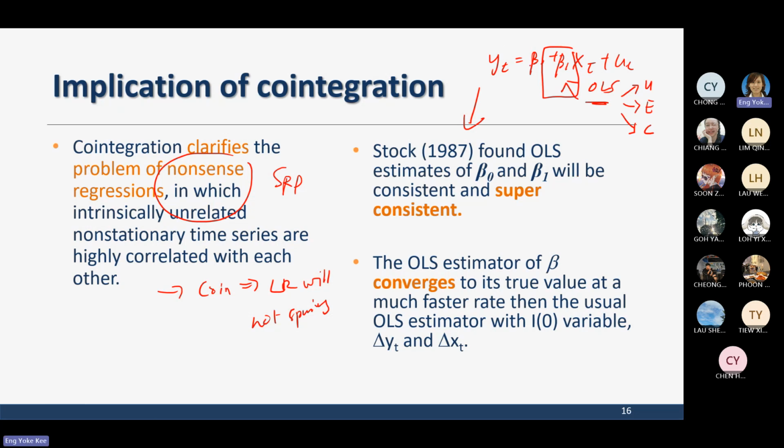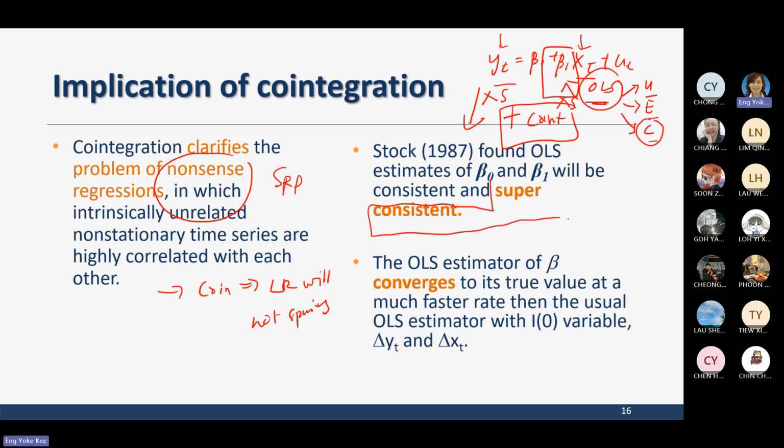Okay, so if assumptions are fulfilled, if this is stationary, your OLS will be unbiased, efficient, and consistent. Now, if this is non-stationary, but there is a co-integration, you will see that the OLS estimates of beta are not only unbiased, efficient, and consistent, they are super consistent, even better.